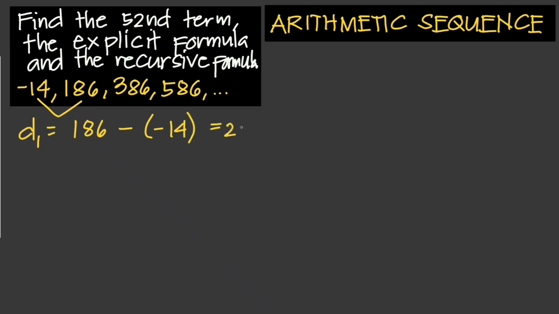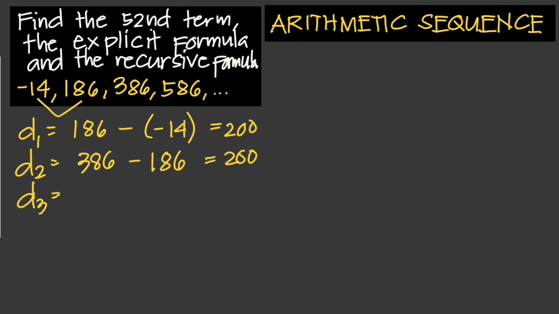So this is 200. And the second common difference is 586 minus 386. So this is also 200. So our common difference is 200.